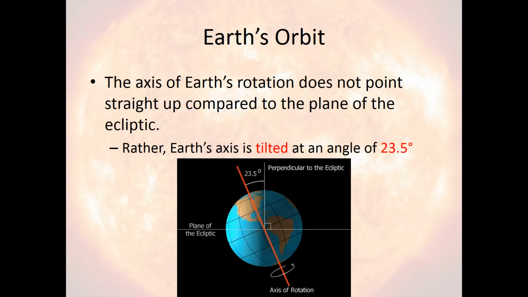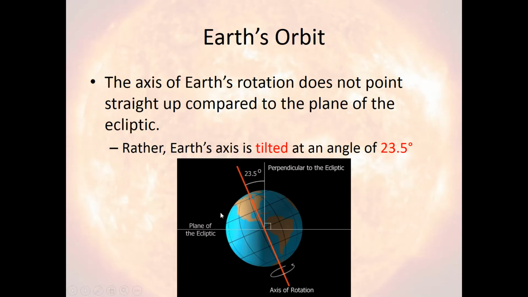And you can actually see that in this diagram here. If I were to split the Earth up into half along the equator, that's this line right here, what you would notice is that more of the northern half is getting sunlight than the southern half.